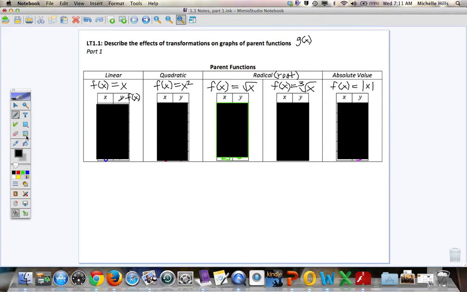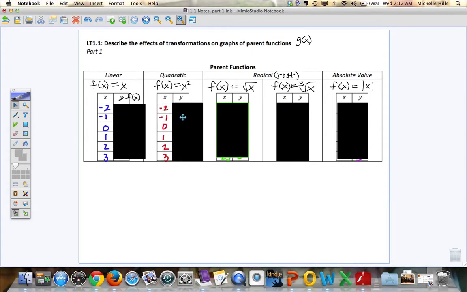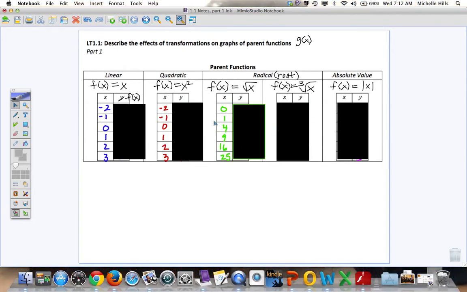Now, due to the constraints on actually shooting these videos, I went ahead and set up my tables. So I chose to use negative 2 through positive 3 for my x's there and there. But when I got to the radical functions, I chose in this case to use x values that were perfect squares so I could get integer answers.